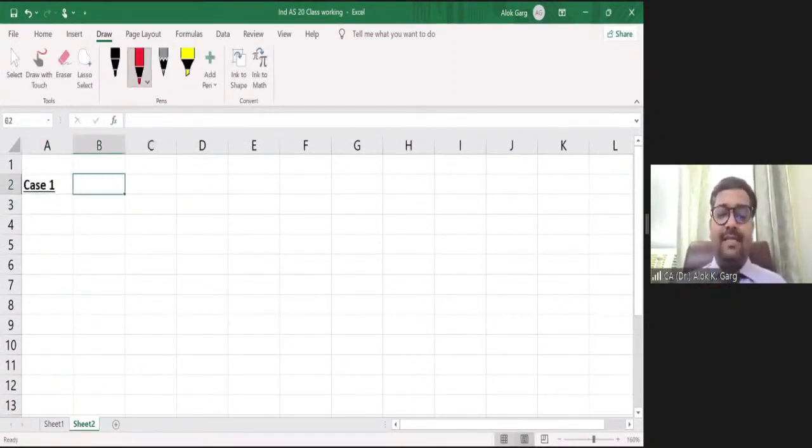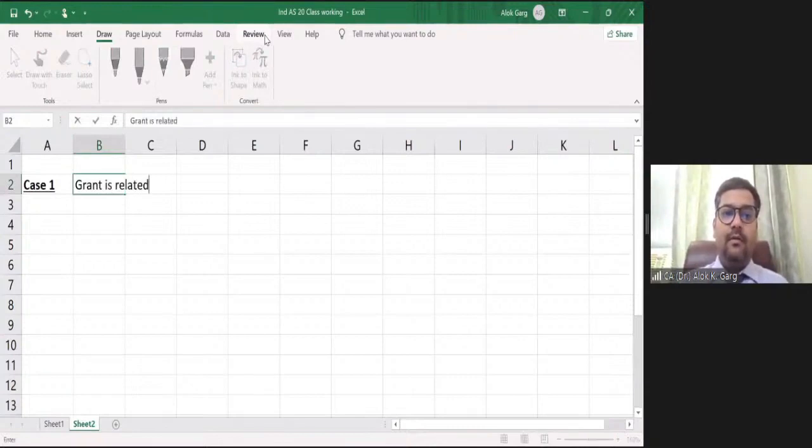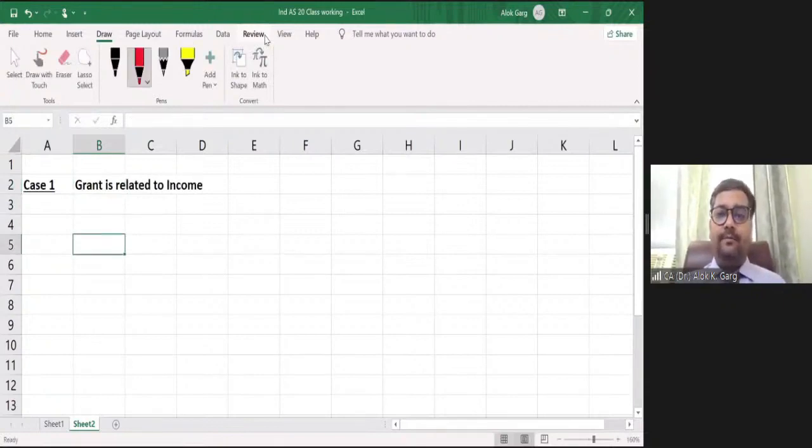Please confirm if the Excel file is visible to everyone. Case 1: grant is related to income.